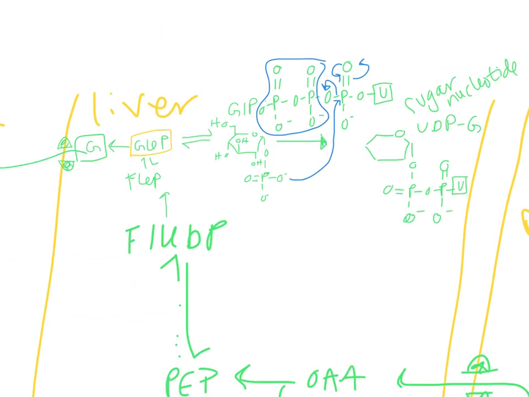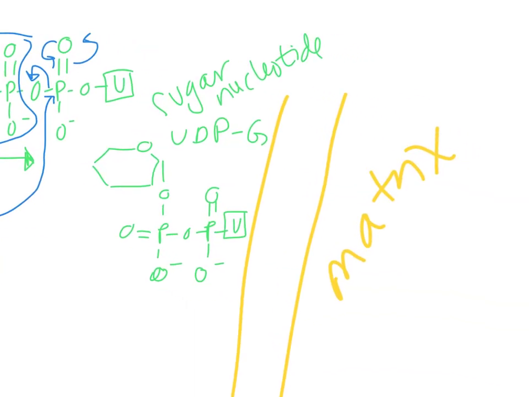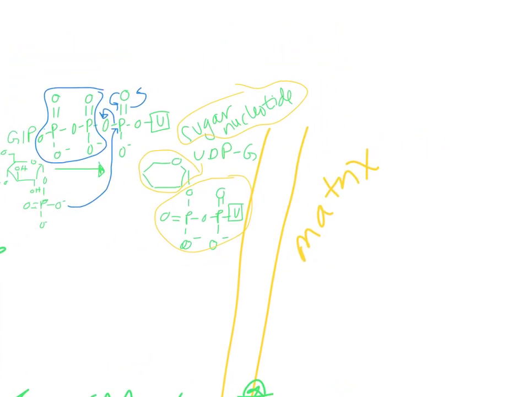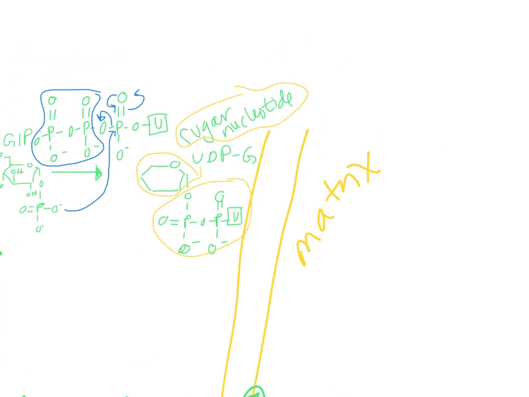Maybe I'm just going to move over here and have a little side note about sugar nucleotides and what they are. UDP glucose is a sugar nucleotide because it's part sugar and part nucleotide. They're good for a few things. One is that sugar nucleotides have excellent leaving groups. That nucleotide part is a really good leaving group.